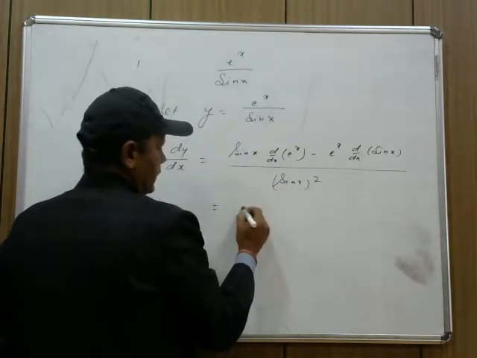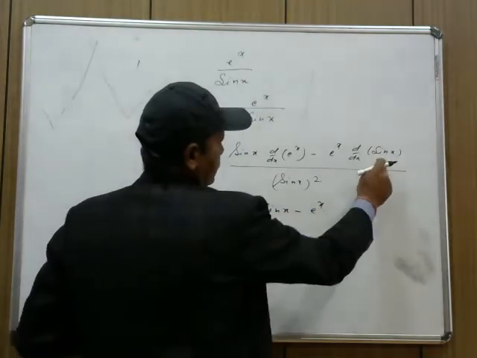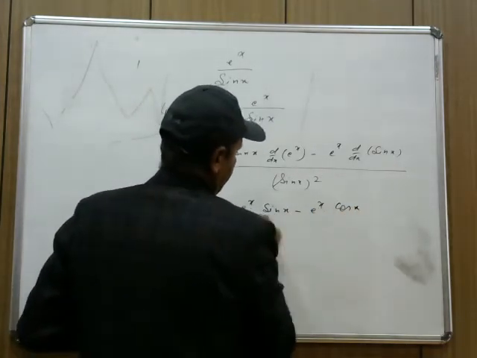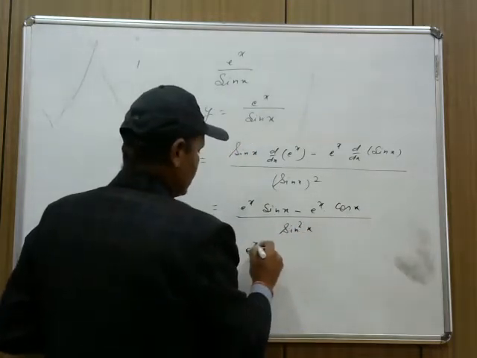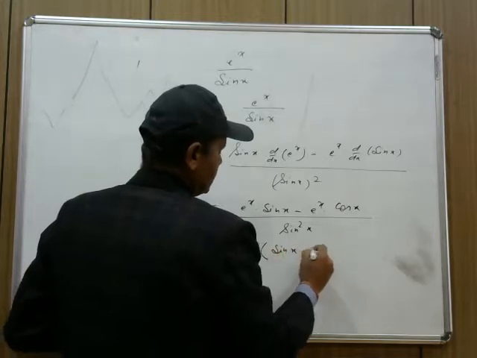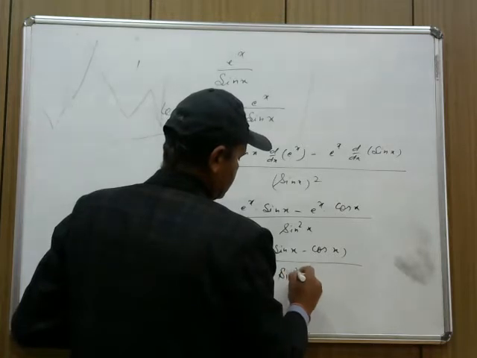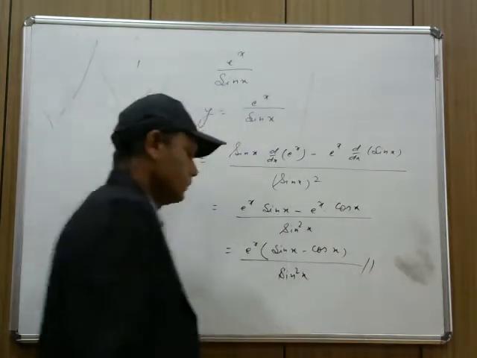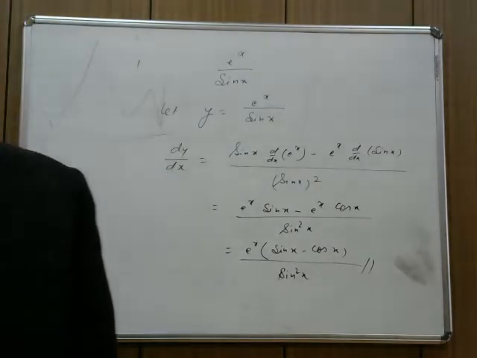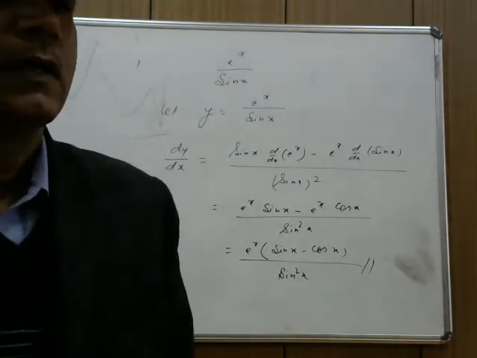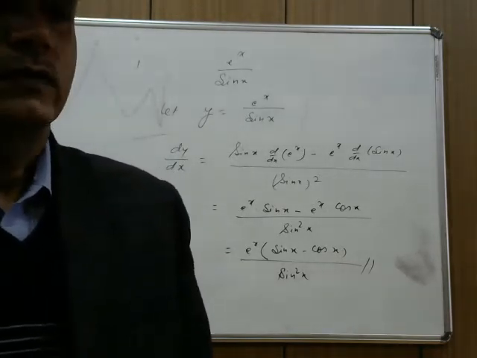It will give you e to the power x into sine x minus e to the power x into cos x, divided by sine square x, which I can write as e to the power x common, sine x minus cos x, whole divided by sine square x. Right? e to the power x times sine x minus cos x by sine square x is the differentiation of e to the power x upon sine x. These are the questions of exercise 5.4.